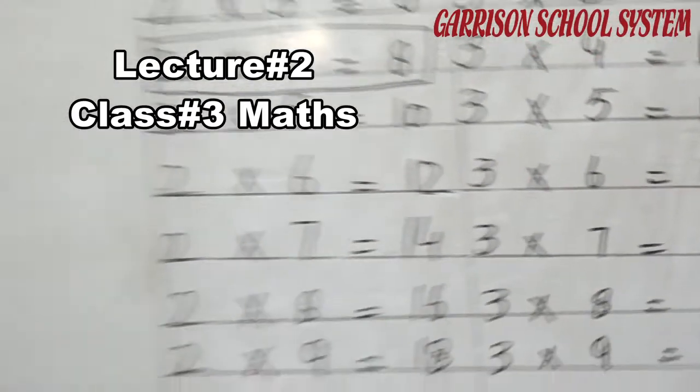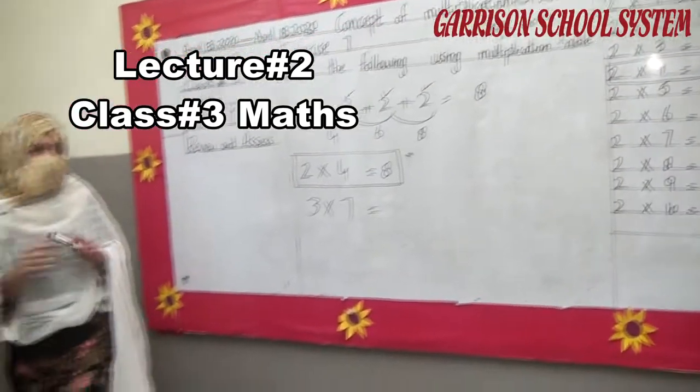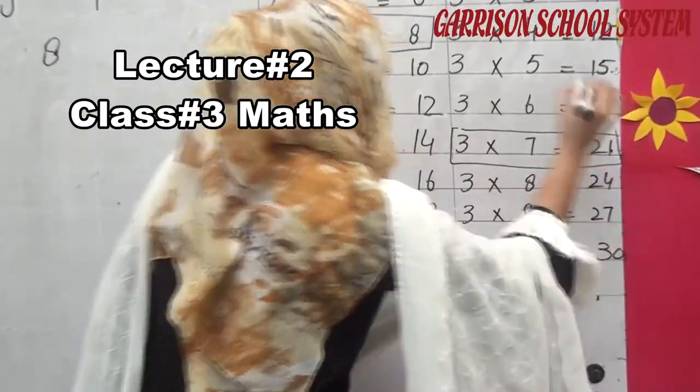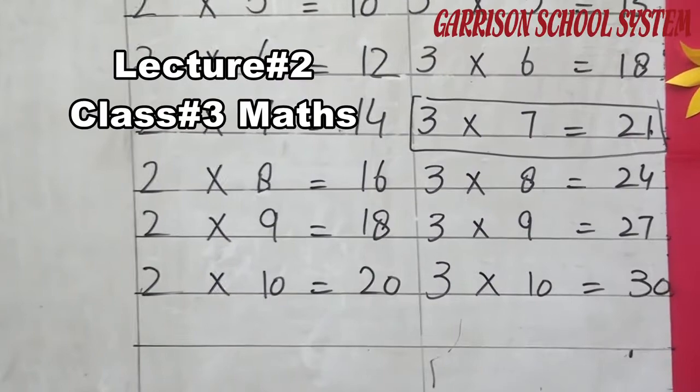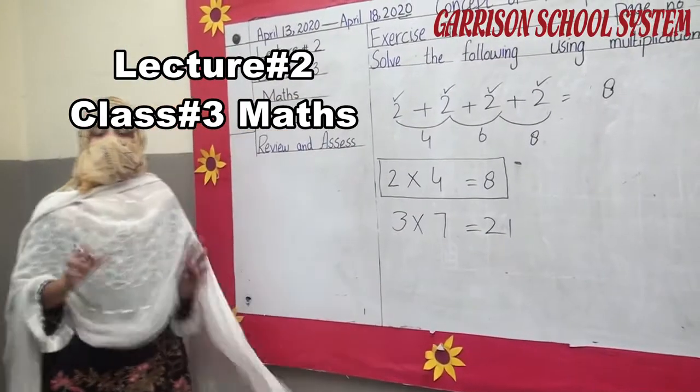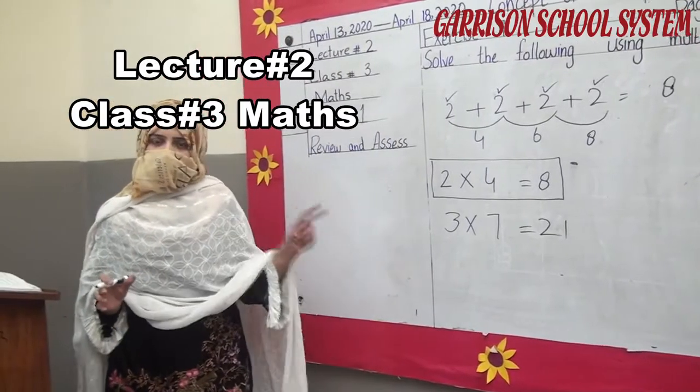What is the answer for the number 7? That is 21. Look, 3 7s are 21. So here the answer should be 21. This is our proper method of multiplication.